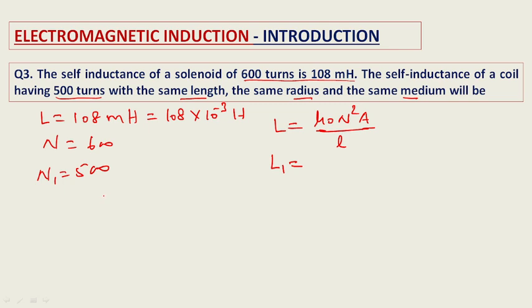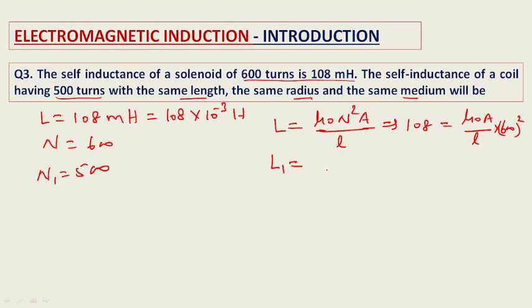Mu 0, A, l, everything else is the same. So we can write this as 108 millihenry, or even if we keep it, our answer will also come in millihenry only. 108 is equal to mu 0 A by l into n square. So n square is 600 square.